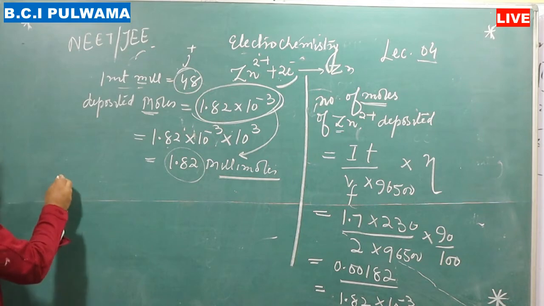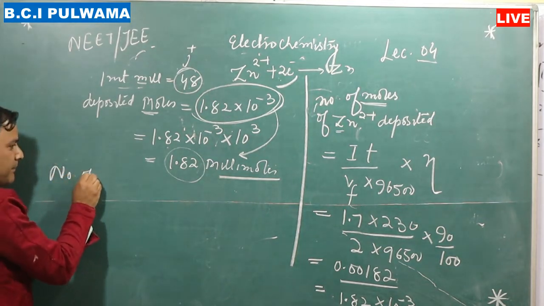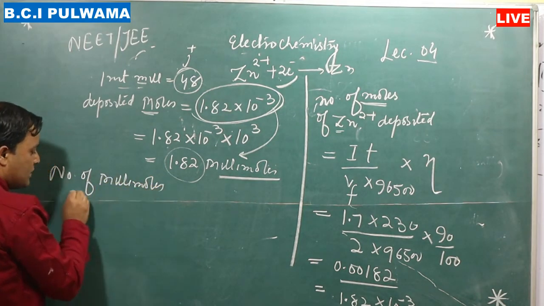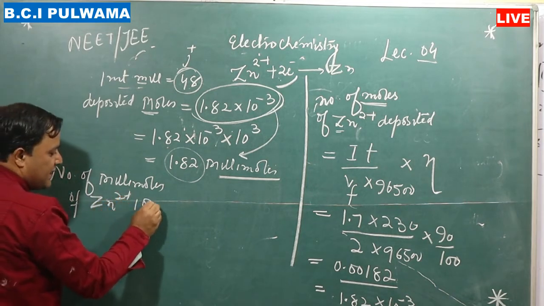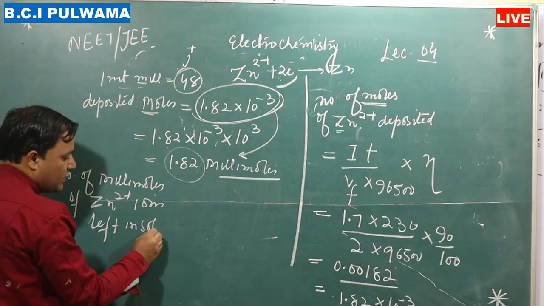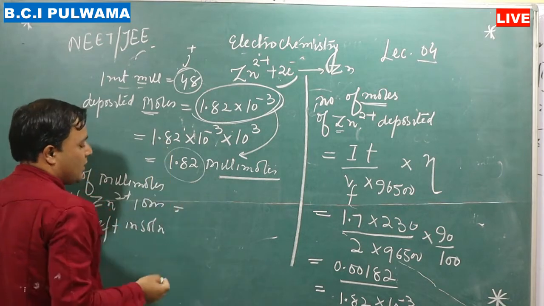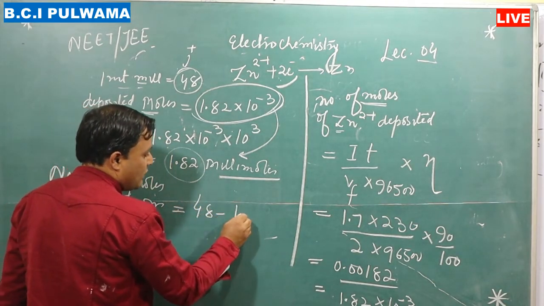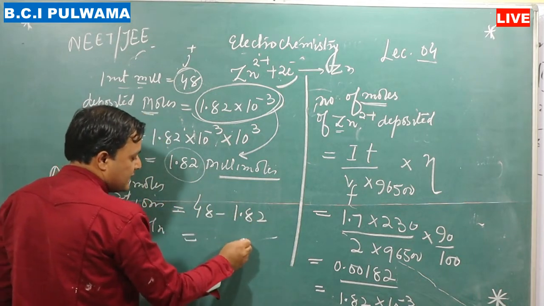So can I write down the number of millimoles of Zn2+ ions left in solution? That will be equal to the initial number of millimoles minus the number of millimoles that have been deposited. So the value is 48 minus 1.82.